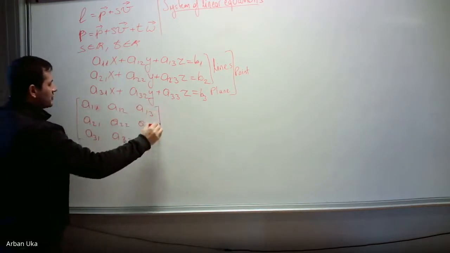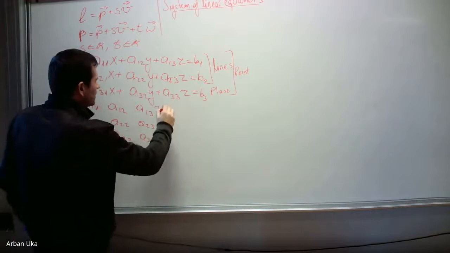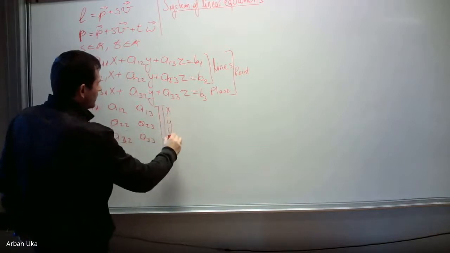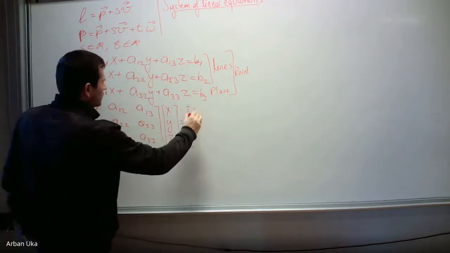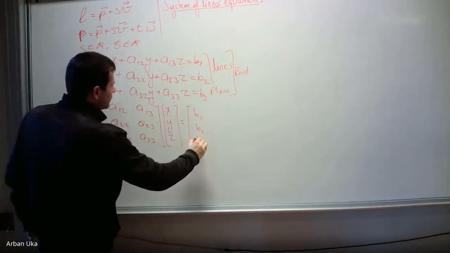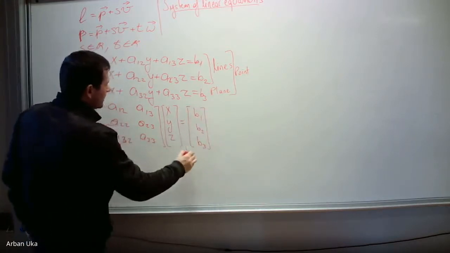This is the coefficient matrix, and we multiply it with the unknown vector, which is 3 by 1. And this is going to be equal to b1, b2, and b3.